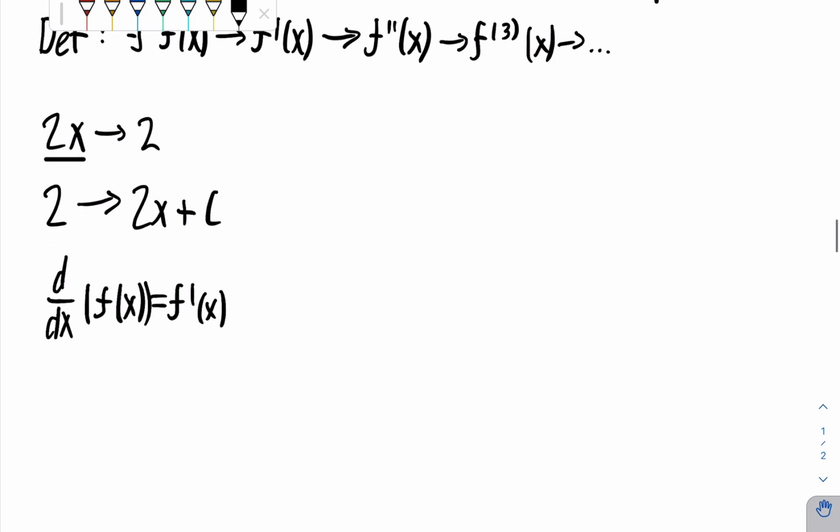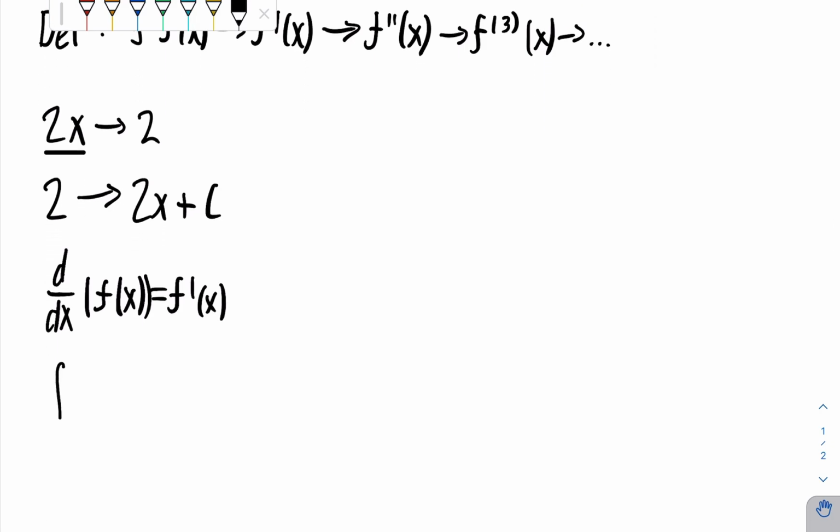We likewise have the process that the indefinite integral of f prime of x dx is equal to f of x plus c. Okay. So this is an important rule that we have, and all of the rules that we covered in differential calculus have their same reverse rules in integral calculus.